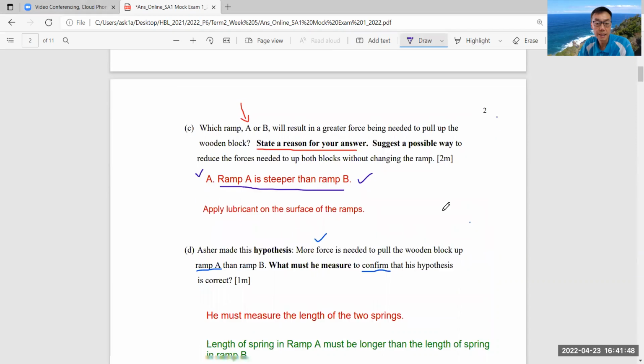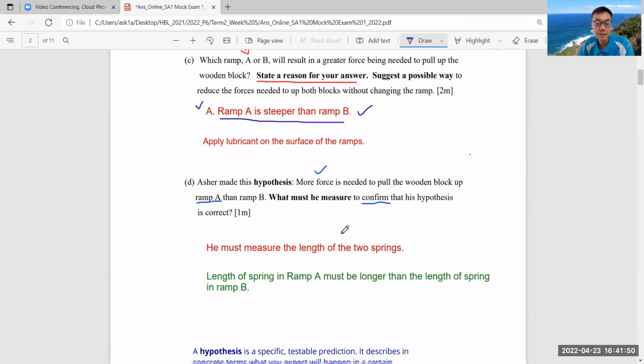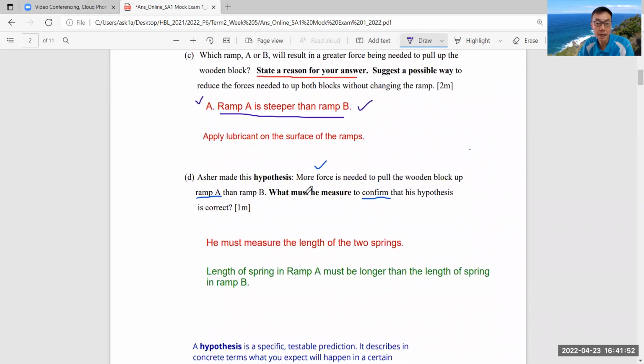Okay, and then part D, what must he measure to confirm his hypothesis that more force is needed to pull the wooden block up ramp A? So he must measure the length of the 2 springs, but by measuring, he hasn't confirmed. So he must do one additional step.